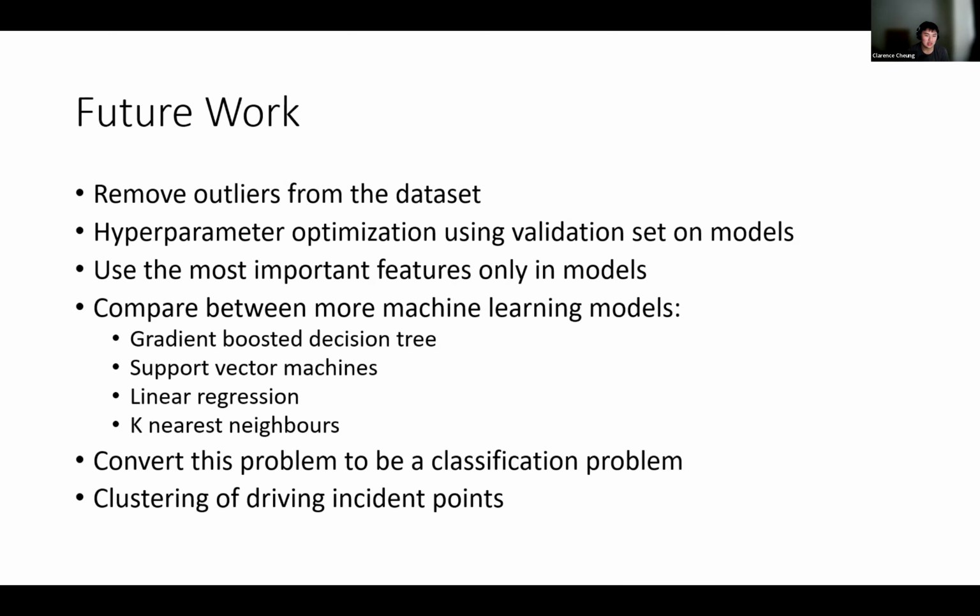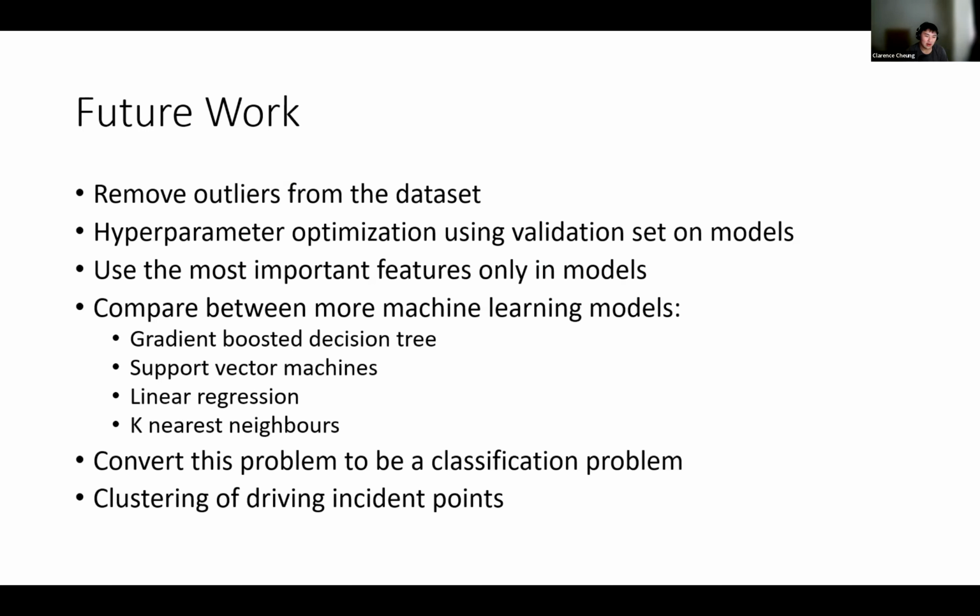One more thing we could have done was use only the most important features in the models. In this data set, we had a lot of features. I believe there were 10,000 features in our machine learning model. So one thing we could improve on each of these models was to use maybe only the top 100 features.